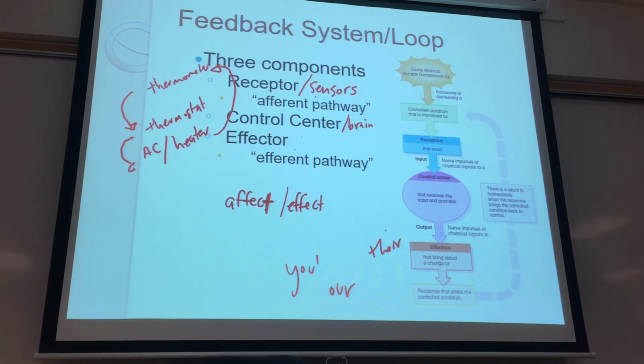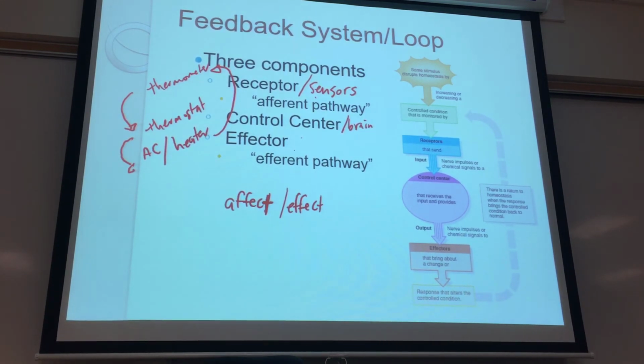So, looking at that from a grammatical standpoint, affect and effect. If you want something to affect you, A-F-F-E-C-T, that's something that goes into your control center. So something that affects you goes to your control center. The effect is something that happens as a result of.